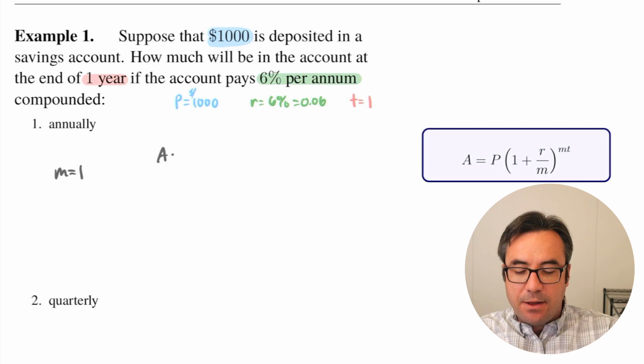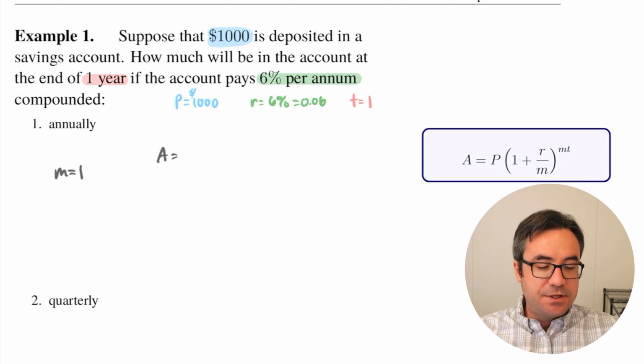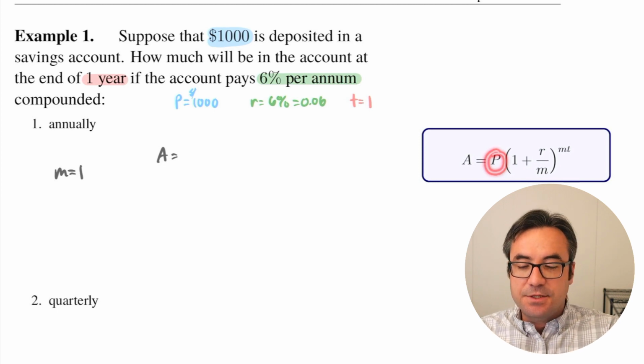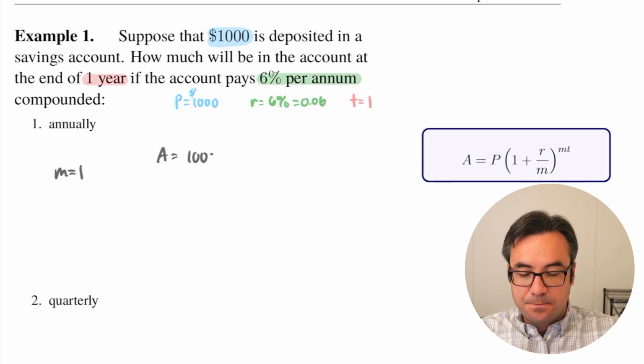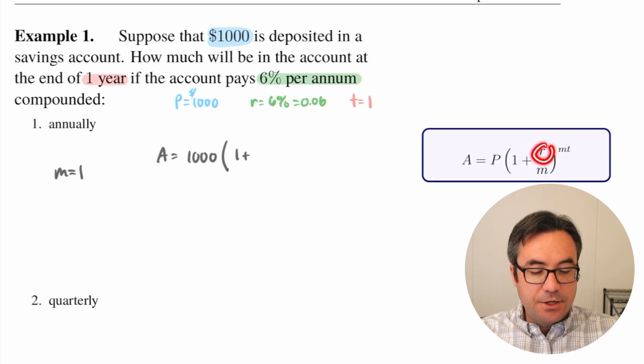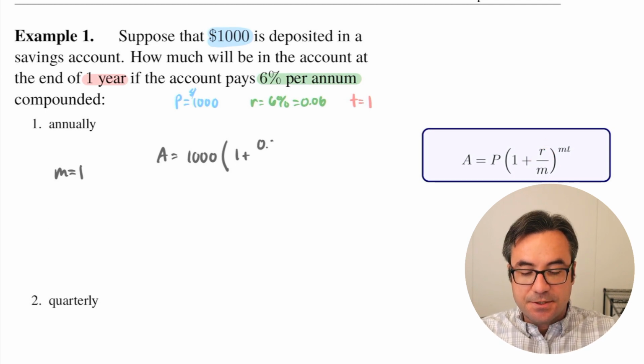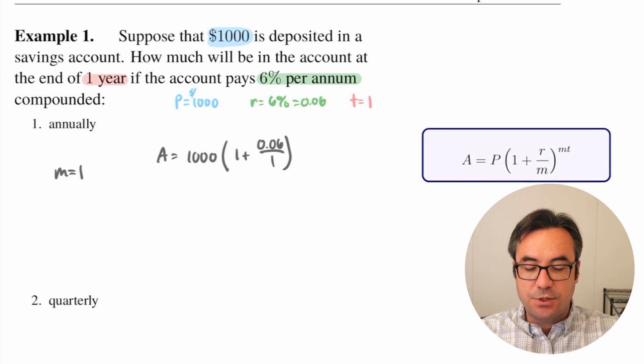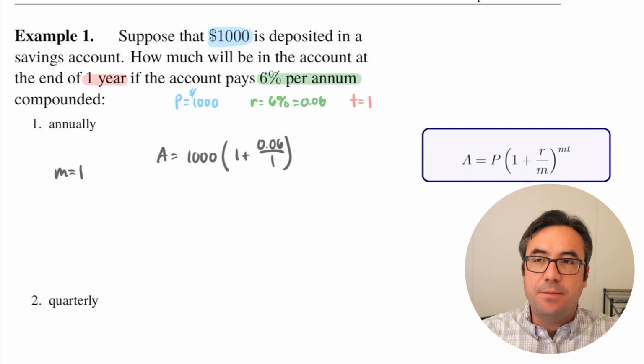Well, then our account balance, if we use this interest formula here, is going to be 1,000 times 1 plus, our interest rate is 0.06. The bank is paying us that one time, so we'll do 0.06 divided by 1.